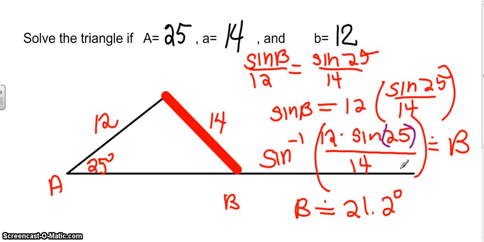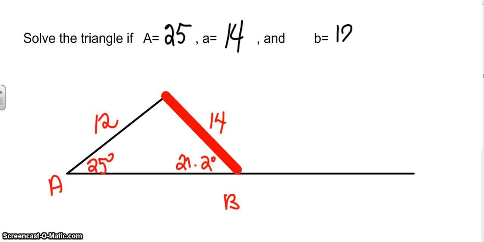I know I keep saying this, but check your mode. Make sure you're in degree mode. So now I want to find the angle C, which is right here, and I'm also going to have to find little c, the length from A to B. Finding this angle is pretty easy. All I need to do is take 180 and subtract 25, subtract 21.2, and this is 133.8. And to find c, all I need to do is a law of sines.